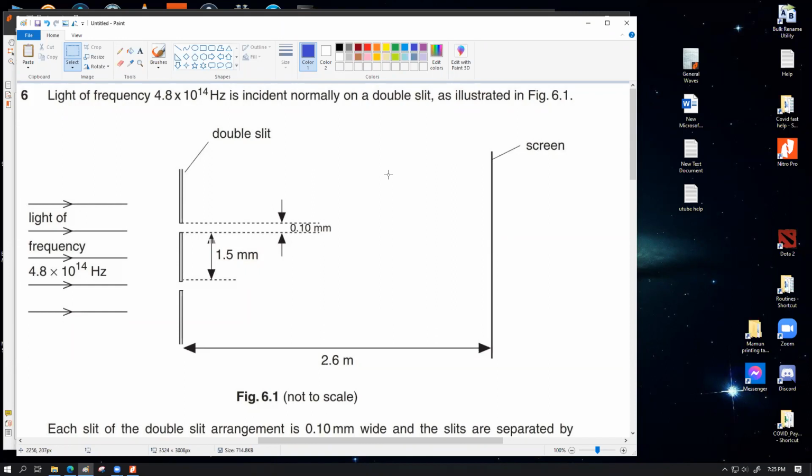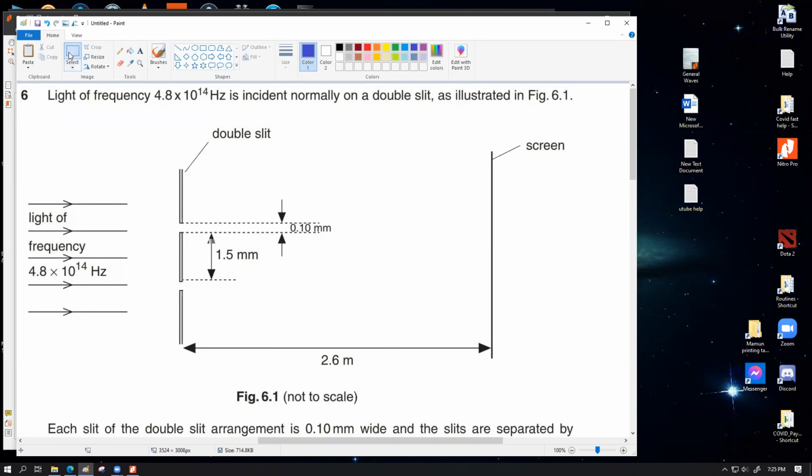For diffraction gratings, we use the diffraction grating constant, where we have a lot of slits to allow much brighter light to pass through. Whereas for the double slit experiment, we only have 2 slits. That's it. But in terms of comparison, they represent the similar thing from center to center.